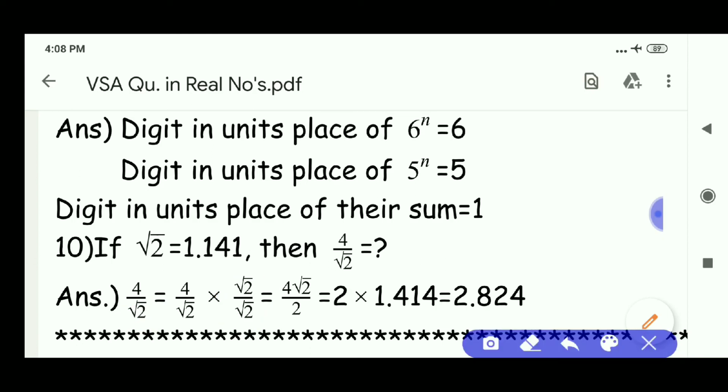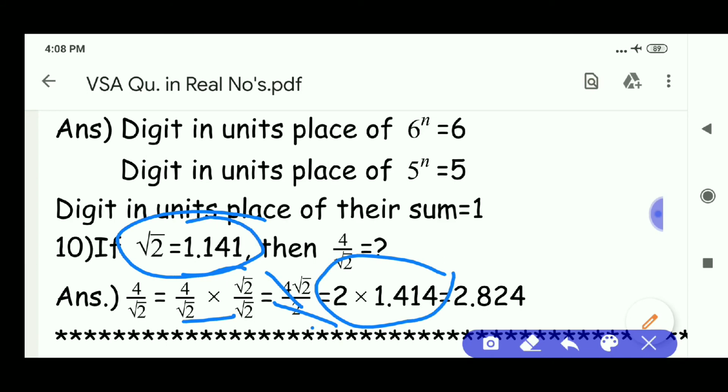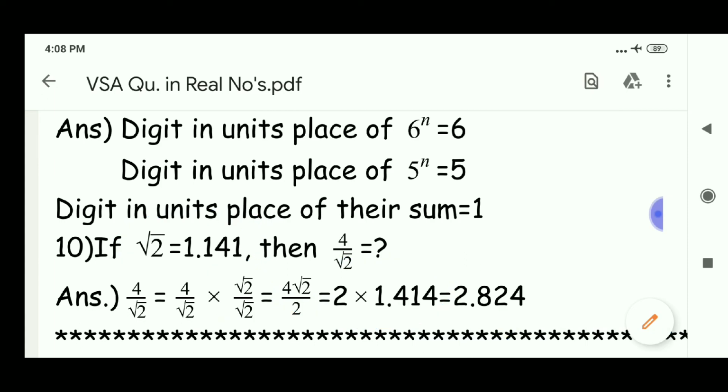Then it becomes 4 root 2 by root 2 into root 2, which is 2. By simplification we get 2 into root 2. Root 2 is given as 1.414, so by multiplication we get 2.828.